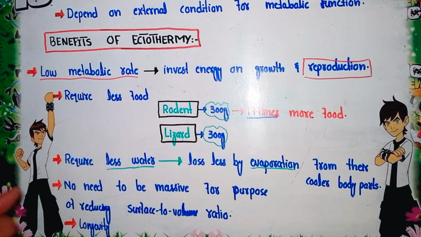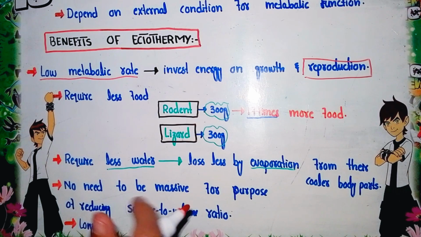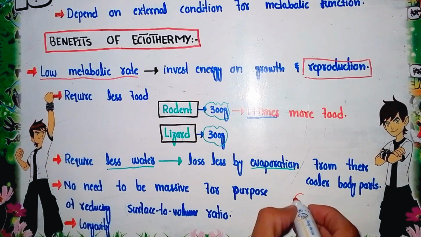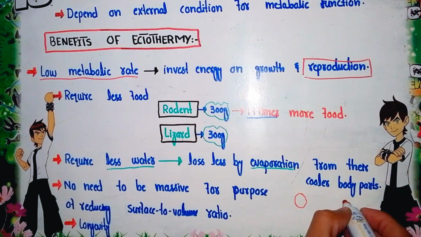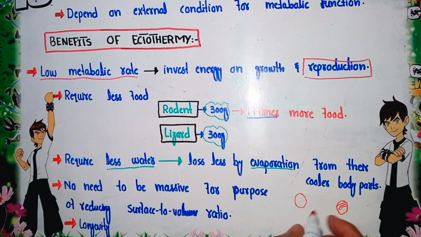Now the fourth one: there is no need to be massive for the purpose of reducing the surface to volume ratio. By taking an example, we will understand this point. Suppose we have one cell, and this is another cell. Suppose this is the cell of an elephant and the other one is the cell of a bacterium.